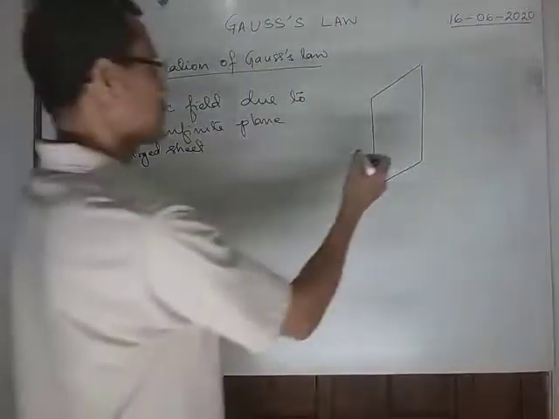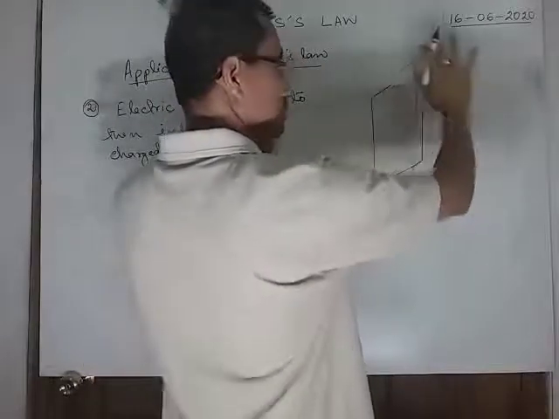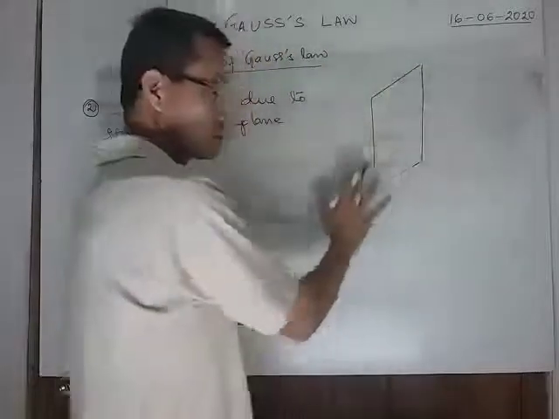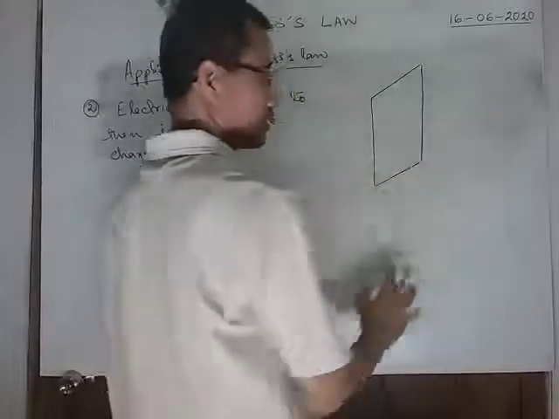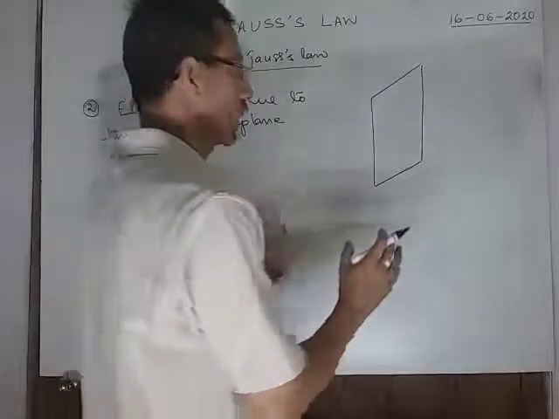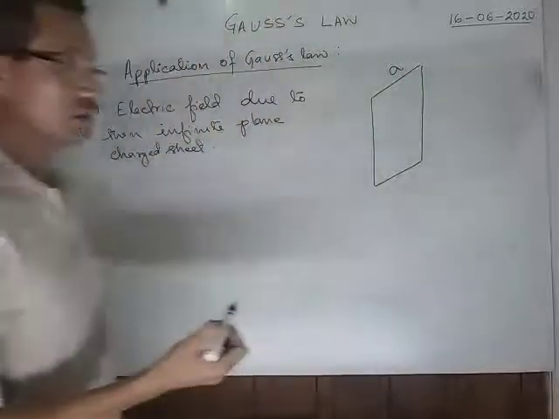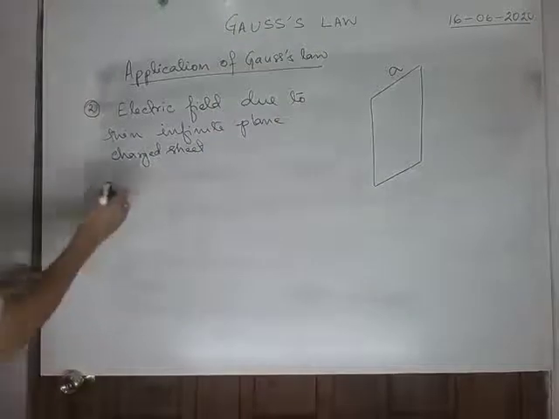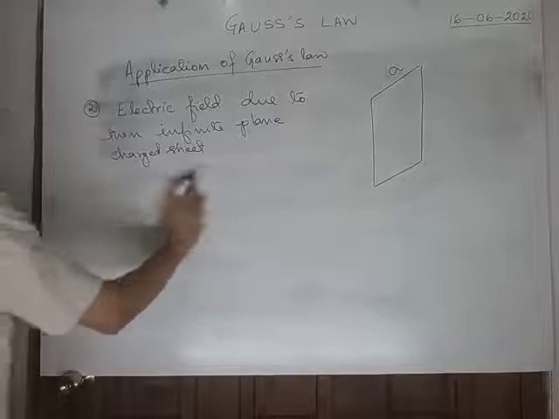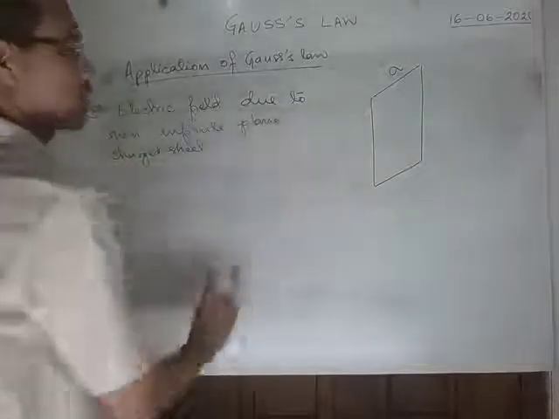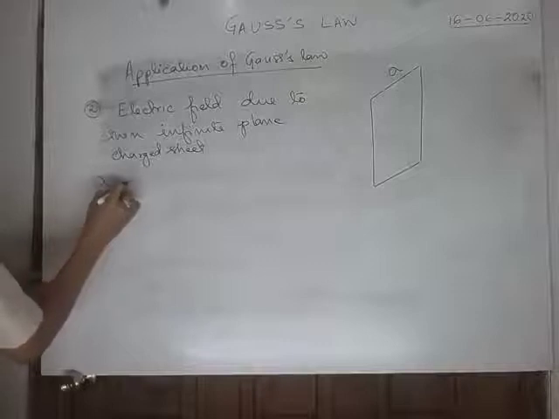So the total charge that is residing on this thin infinite charge sheet we can't find out, but what we know is sigma. Just like in the case of the previous one, lambda, the linear charge density, we call this sigma the surface charge density.